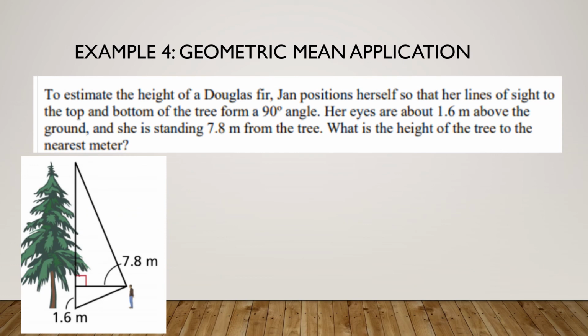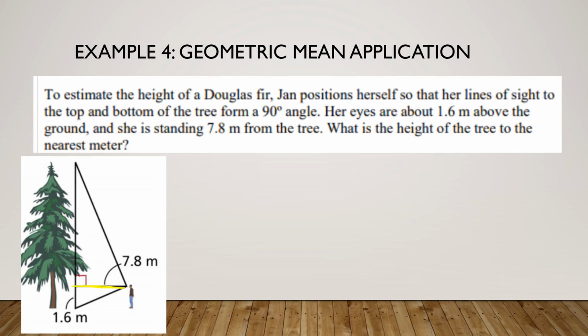So now if we apply this to a real life problem, they are telling me that the height of the fir tree, so that her line of sight from the top to the bottom makes that 90-degree angle. She's standing 7.8 meters away. What is the height of the tree?